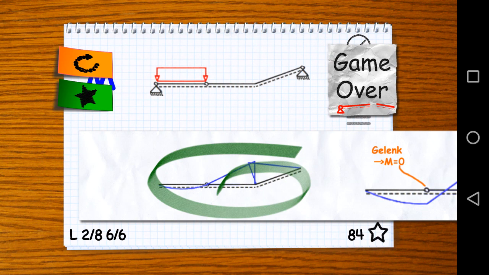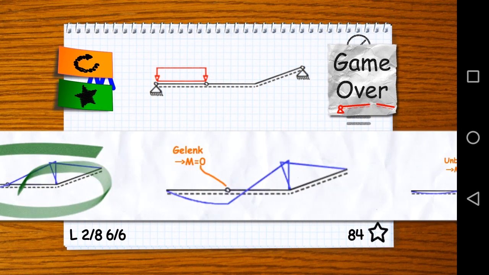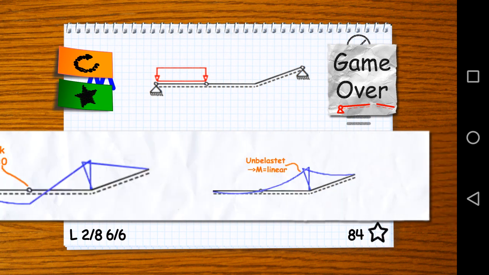And you can also see the explanation is actually good, since I didn't do this fast enough, because when you miss, you get some explanation of what happened. This is exactly what I explained, that the moment there should be 0. And why is this wrong? Okay, they also said it.